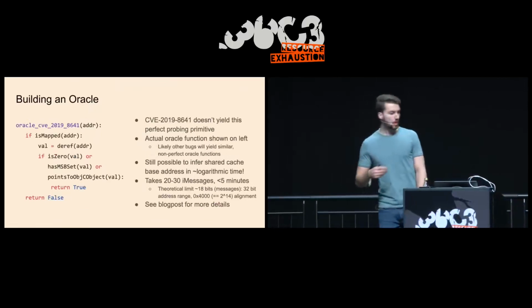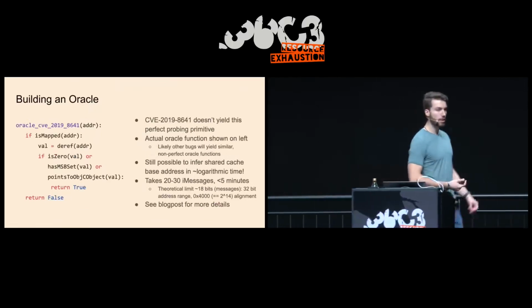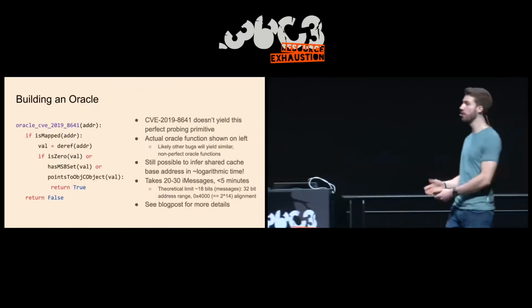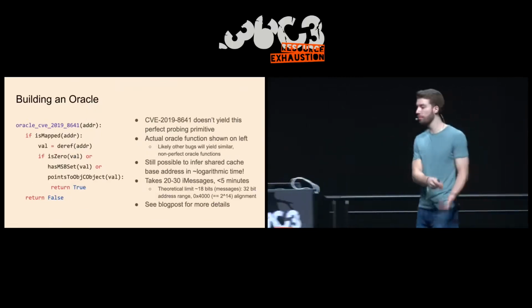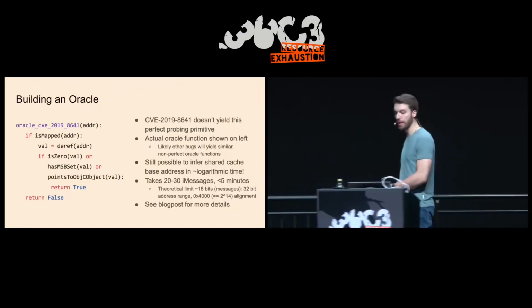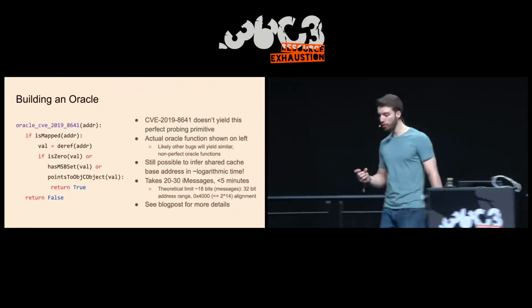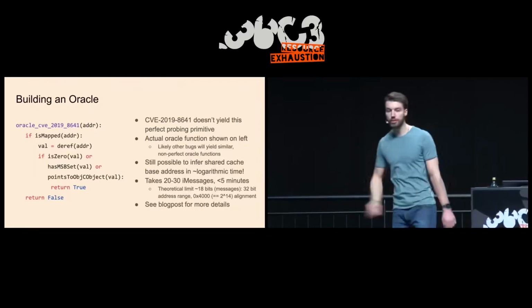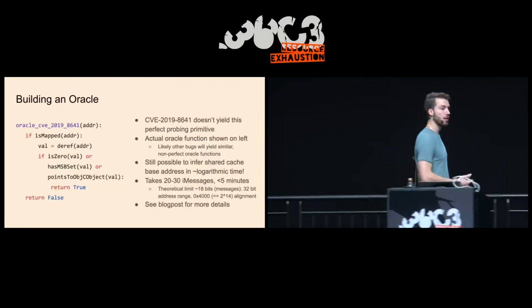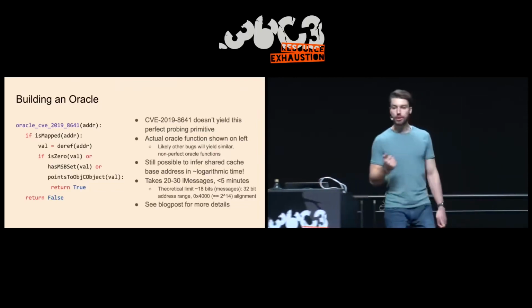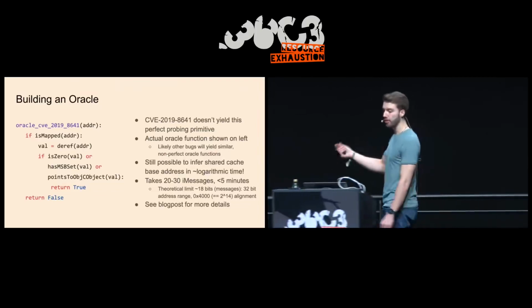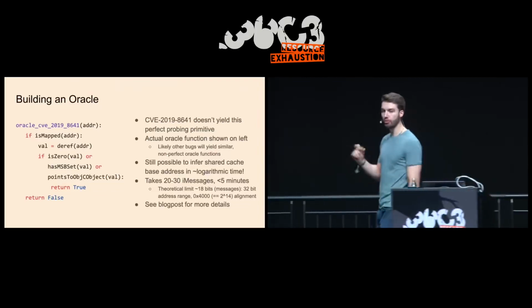Ideally, you have a vulnerability that gives you this perfect oracle of whether an address is mapped or not: crash if it is not mapped, don't crash if it is mapped. In reality, you probably will not get this perfect oracle from your bug. On the left side, you see the real oracle function for this vulnerability. It has to be mapped, okay. But then it's also using the value that it's reading.